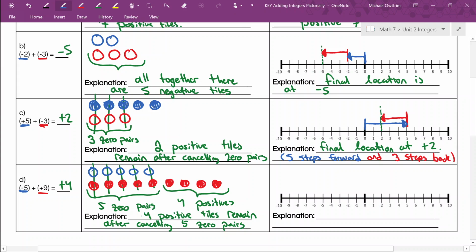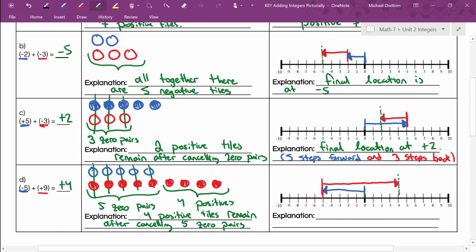On our number line, we're going to start our first integer from 0. First integer is -5. Minus means to the left, and 5 means 5 spaces. We're going to start our second integer from that location, and the second integer is +9. Positive means to the right, and 9 means 9 spaces. 1, 2, 3, 4, 5, 6, 7, 8, 9 spaces to the right.